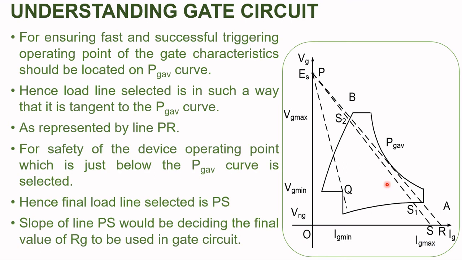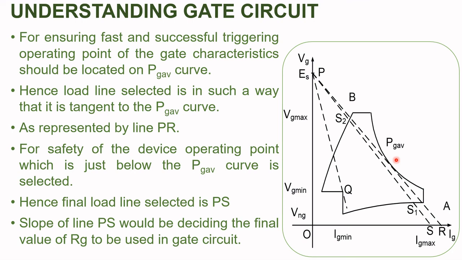Now, for safety of the device, we cannot select the point of operation exactly on the PG average curve. Why? Because if in any case the supply voltage goes higher than ES, then the operating point will cross the PG average curve, and if the PG average curve is crossed, then the power dissipation through the gate will be higher than its limited value and the gate may get permanently damaged.